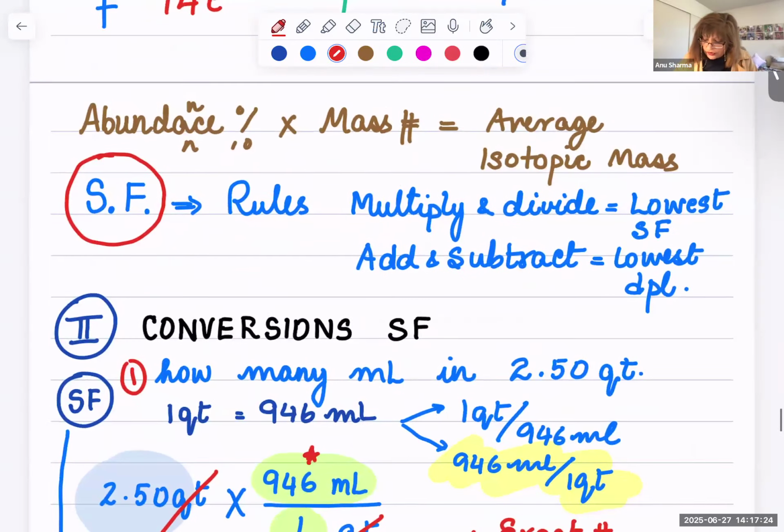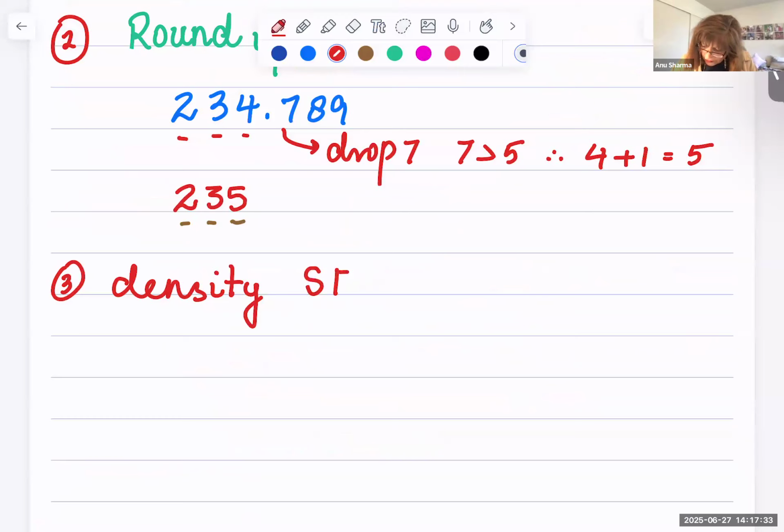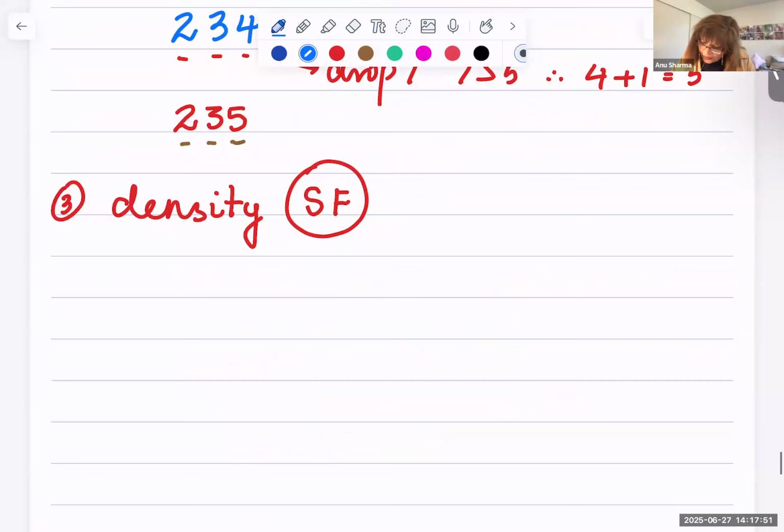Because you're doing measurement, significant figures are always involved. Density is mass over volume, and you divide the two.